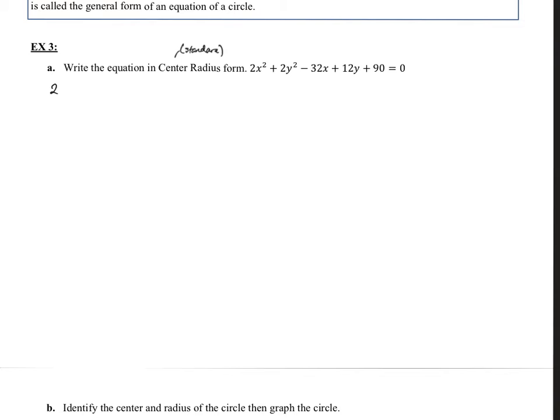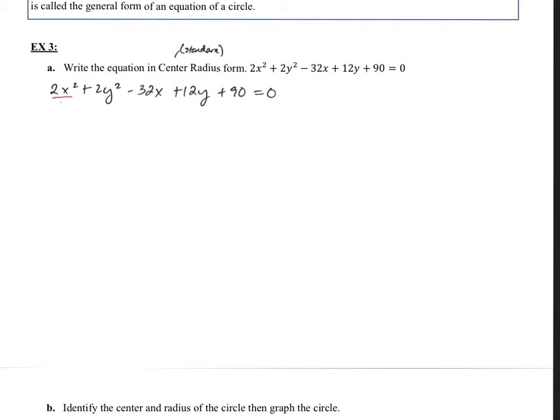Alright, so let's write down our equation. So in the very beginning, I've noticed something that is not good about our equation. At the moment, we still have the number 2 in front of our x and our y. And remember, we want to have the number 1 in front of x and y. So we got to get rid of that. First step.